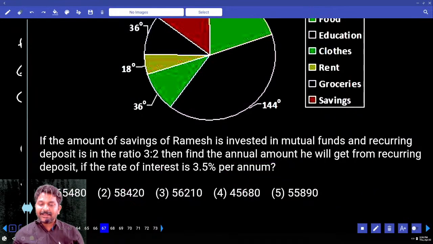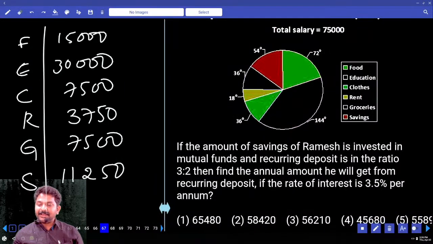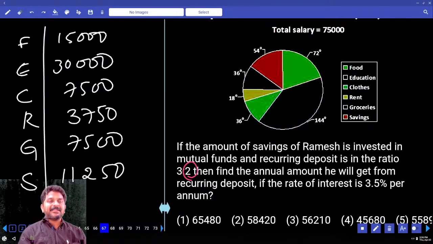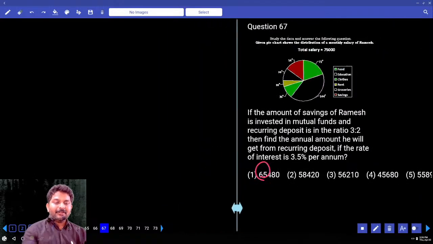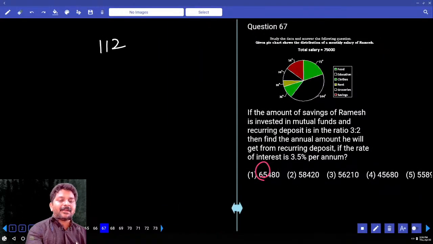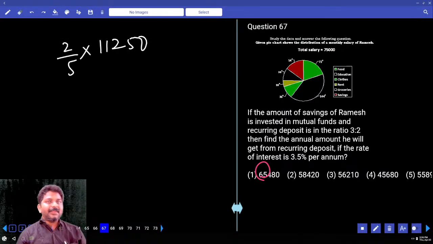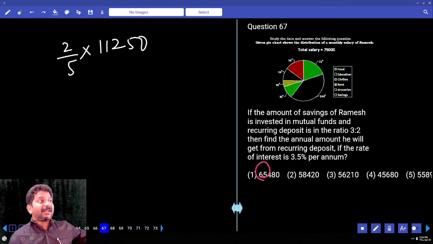So if you want to calculate in recurring deposit, how many parts are we investing? 2 parts out of the total. So that is taken from savings, right? How much is our savings? 11,250. So first, upon 11,250, if you calculate 2/5, you will get the recurring deposit per month. But the question is for a year, right?